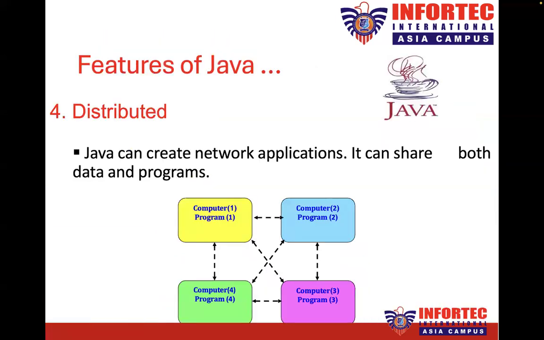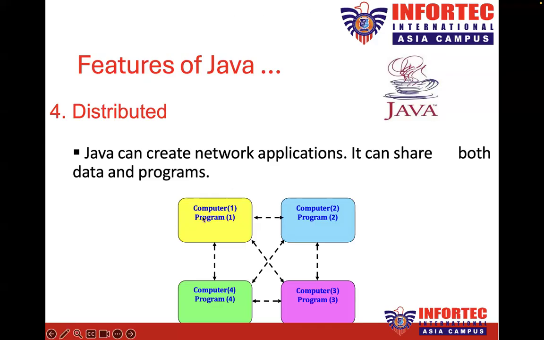Then distributed. Distributed means Java can create network applications. Even if an application is not written in Java, we can connect its features into Java. That is another very popular practical feature of Java. Java can create network applications and share both data and programs.